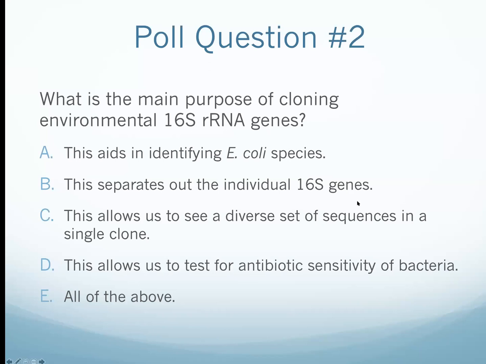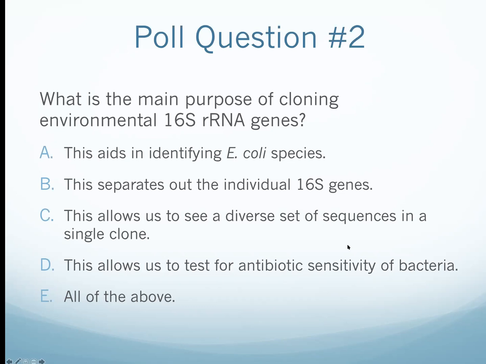Now let's look at C. What's wrong with the statement in C? It's almost right, but it's not quite. What's wrong with that? Who knows? There would only be one sequence within a clone. Exactly. So in light of what I just said, we can see a diverse set of sequences in many clones, but in a single clone, there should just be one 16S gene.